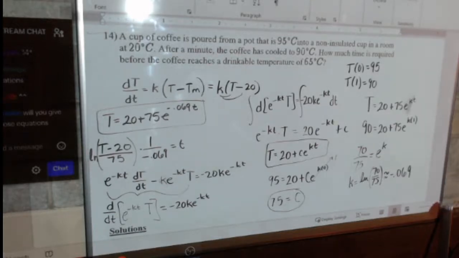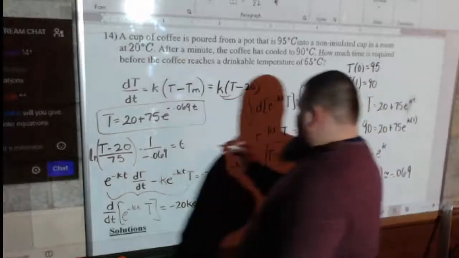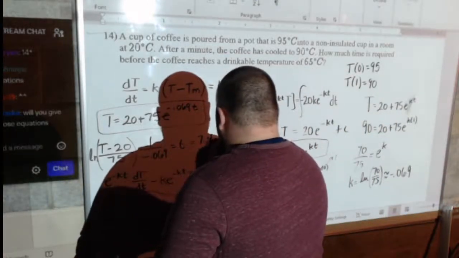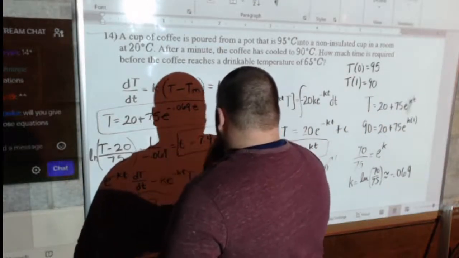So 65 minus 20 divided by 75, natural log, all divided by negative 0.069. Looks like 7.4. It says minutes, so that is minutes. So time would be 7.4 something minutes.